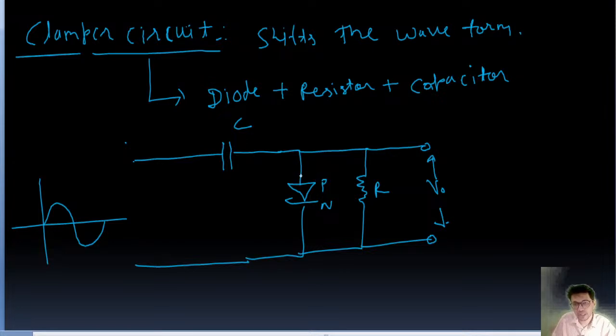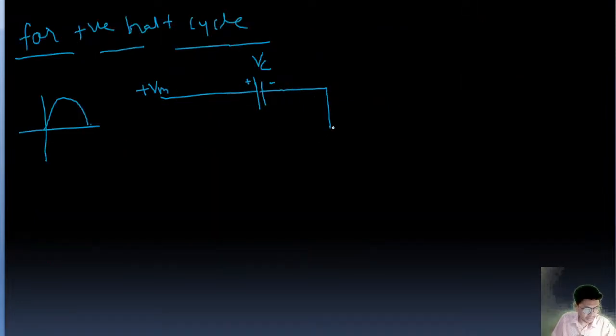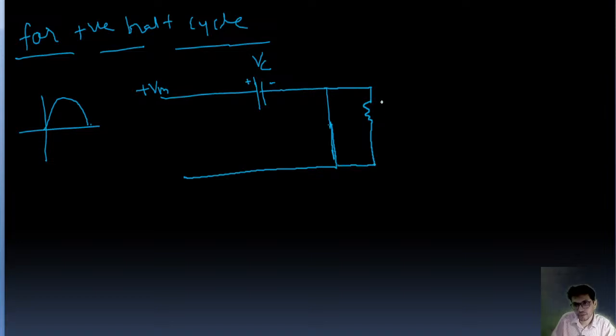Forward bias means it will work as a short circuited wire, so this is going to be like this, a short circuited wire, and there is resistance R, and there is output voltage V0. So this is Vc and this is V0, guys.